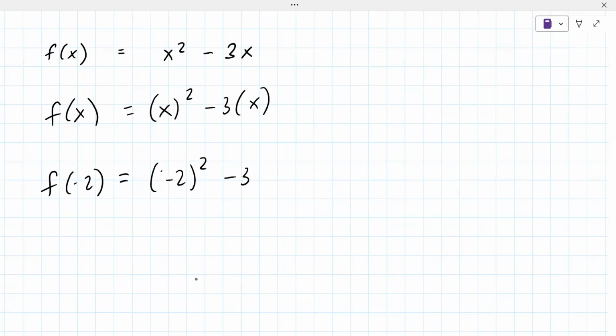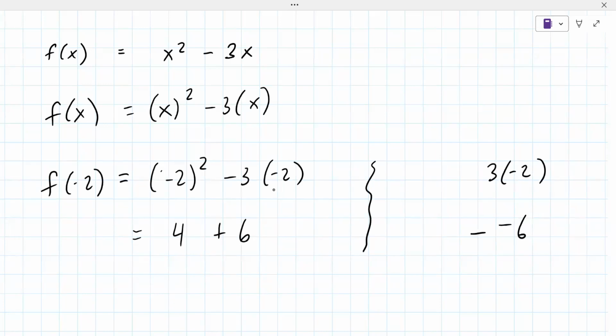Take a look here. So -2 squared is 4. What is -3 times -2? 6. +6, yeah. So if you treat this as -3, it becomes +6. If you treat it as 3 times -2, it becomes -6, but then you have that minus in front, and that double negative becomes a plus. So it really depends on how you see it.